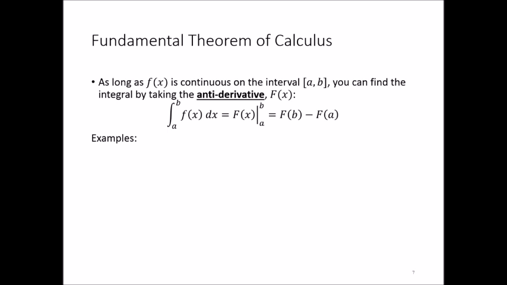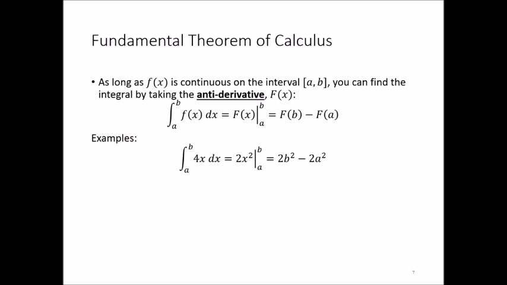So just to use the same examples that we were looking at before, if I have 4x, its antiderivative is going to be 2x squared. I need to evaluate it at the 2 limits of integration, so I would have 2b squared minus 2a squared.